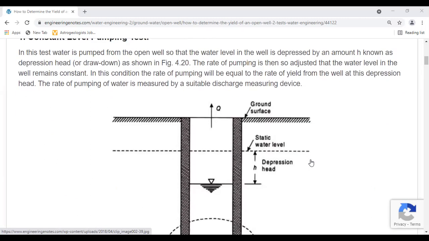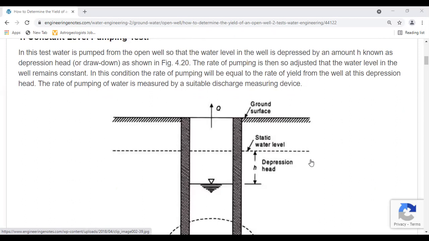Guys, here, pumping test is an accurate method of determining the safe yield of an open well. In this method, the water level in the well is depressed through large withdrawals of water till the working head is reached.